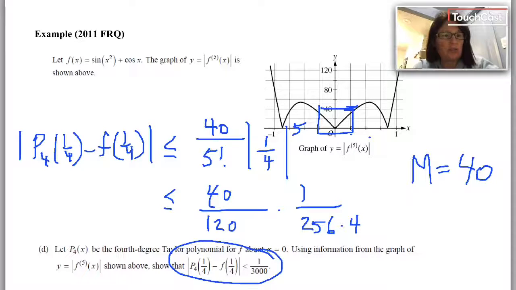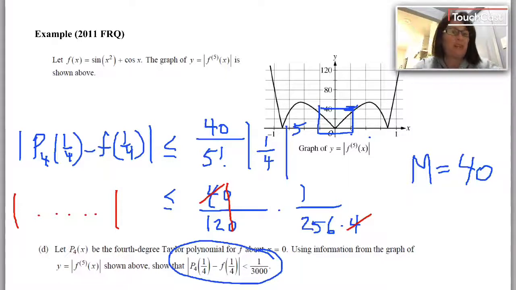So I'm going to cancel those zeros. I'm going to cancel this 4 with that 4. And I know that that same error that I was trying to find has to be less than or equal to 1 over 12 times 256.